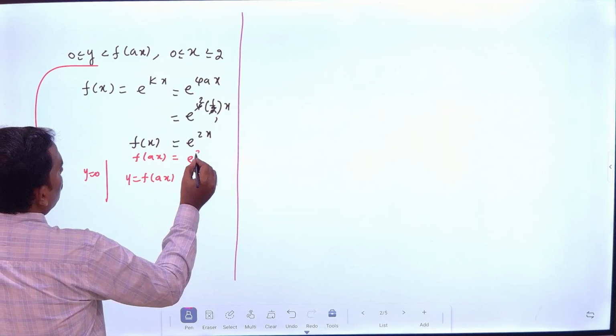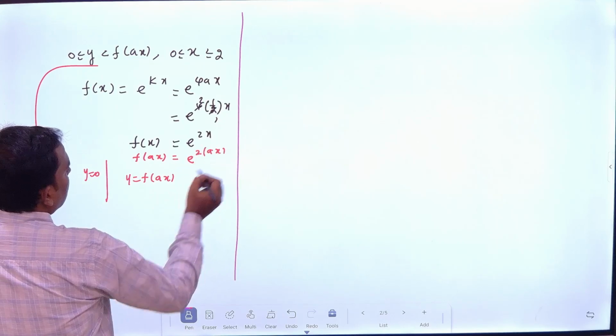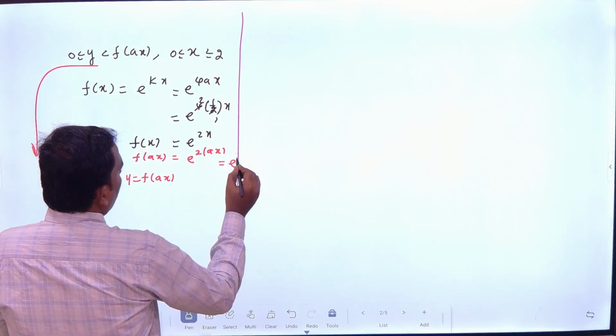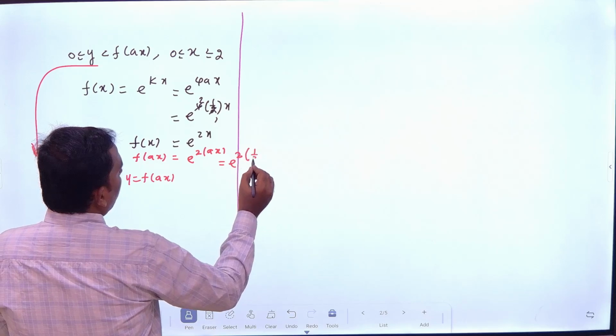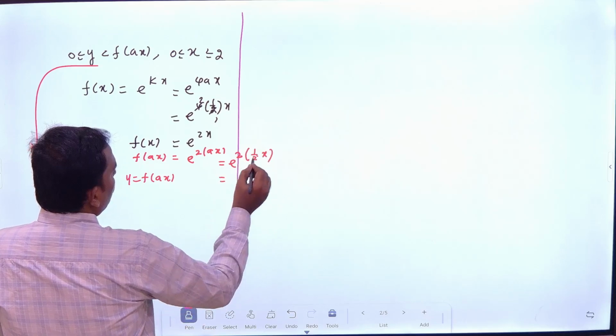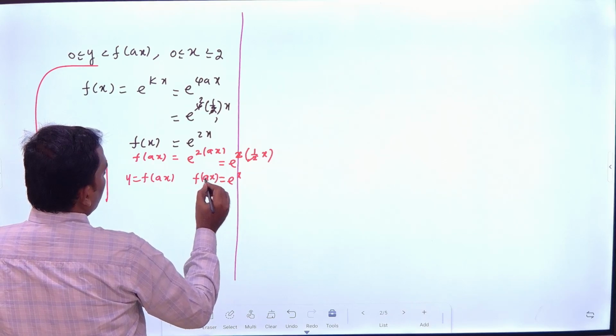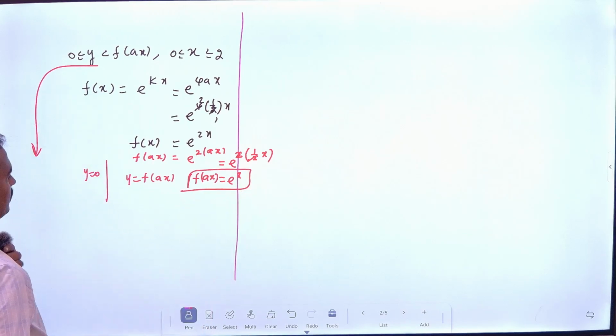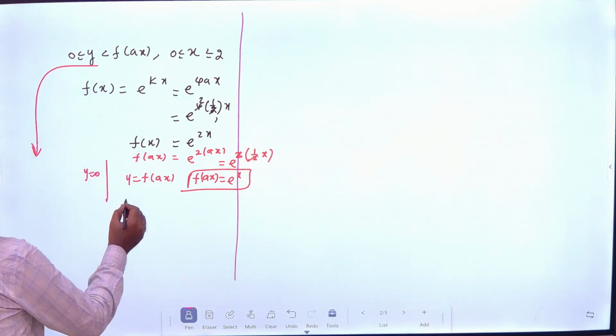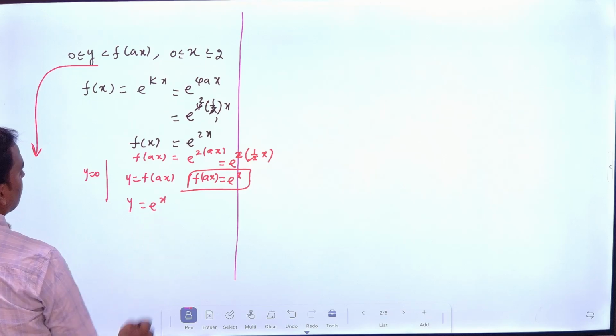E power 2 into ax, right? Then e power 2 into, what is a? 1 by 2, right? So 2 cancel, e power x. Therefore f of ax will be e power x. Clear? So y is equal to e power x. Done.